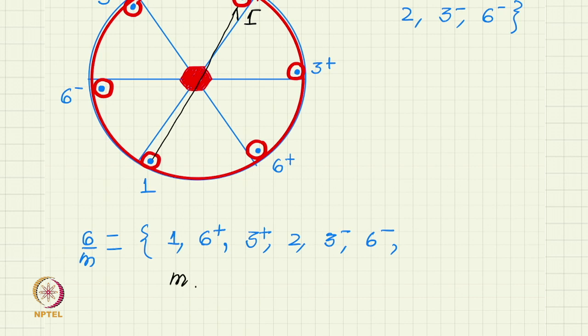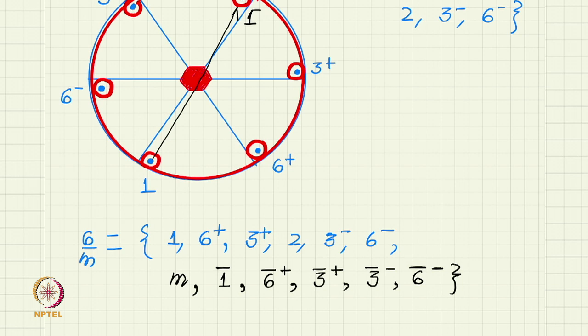So, you have a mirror, you have an inversion center, and just like I wrote for the 4 by m case, if you have 1 bar, so you should have combination of 6 plus and 1 bar, that is nothing but 6 bar plus. Similarly, you will have 3 bar plus, 3 bar minus, 6 bar minus. So, 6 operations of type 2, 6 operations of type 1.